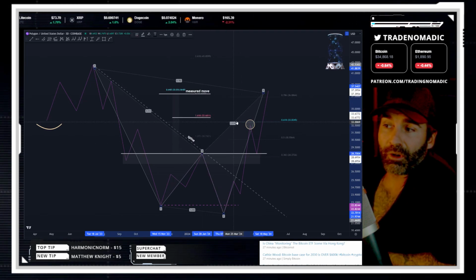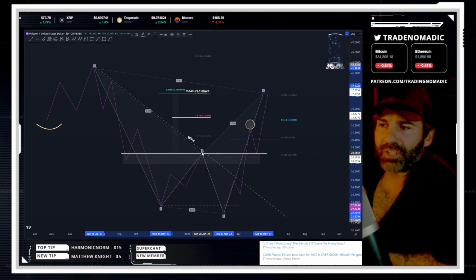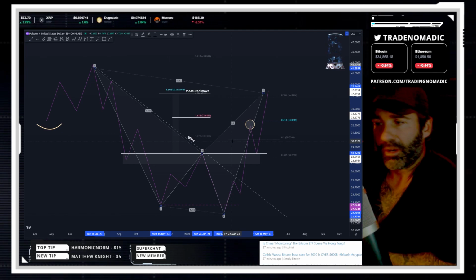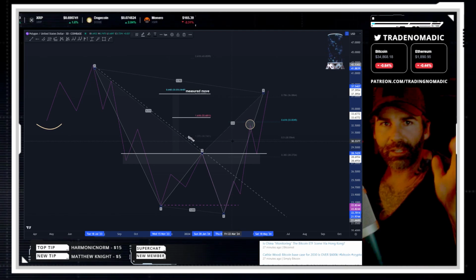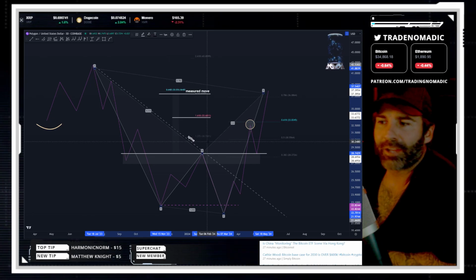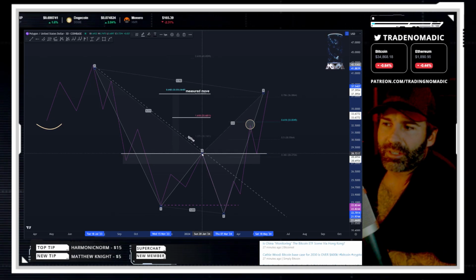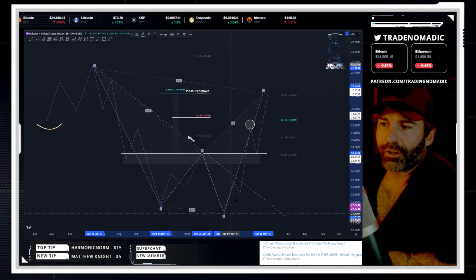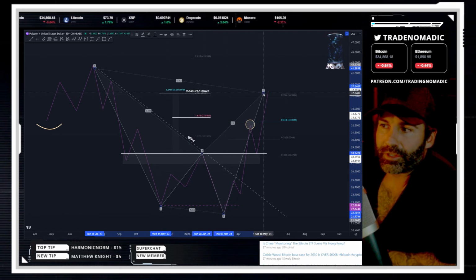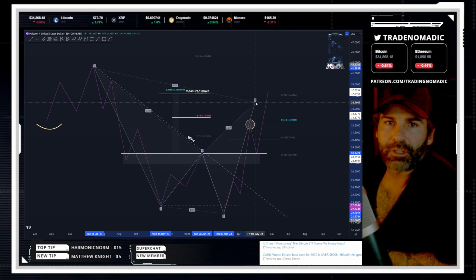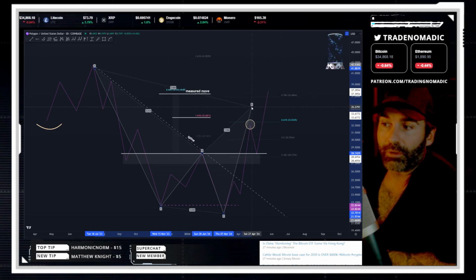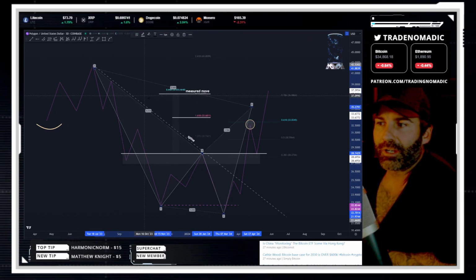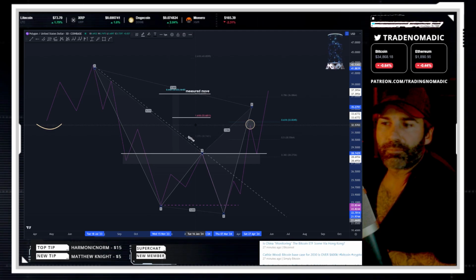But what you can also do that a lot of people don't take advantage of is you can just say, hey, instead of trying to figure out if it's a cipher, if it's a harmonic, if it's any other pattern you can think of, you can just keep it simple. A, B, and C are going to be your double bottom, and this D is going to be your measured move, which is 2.0. So that takes all the guesswork out of everything else.